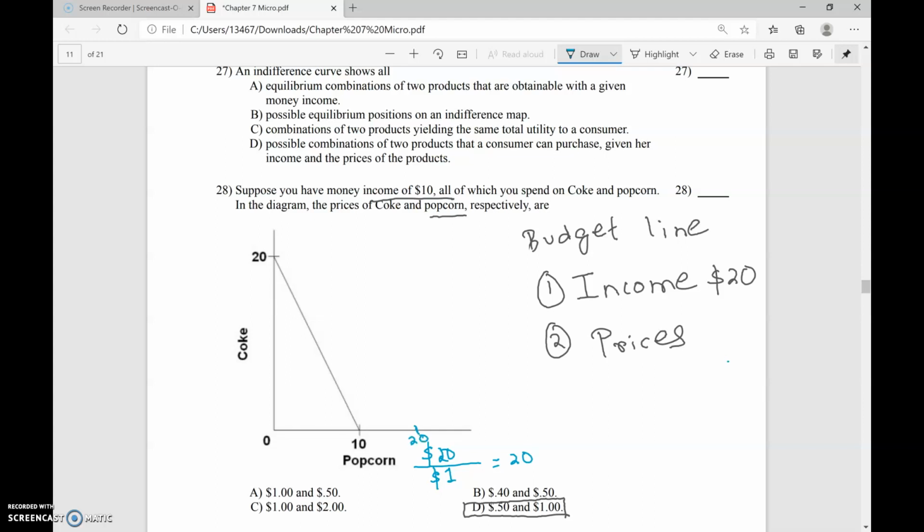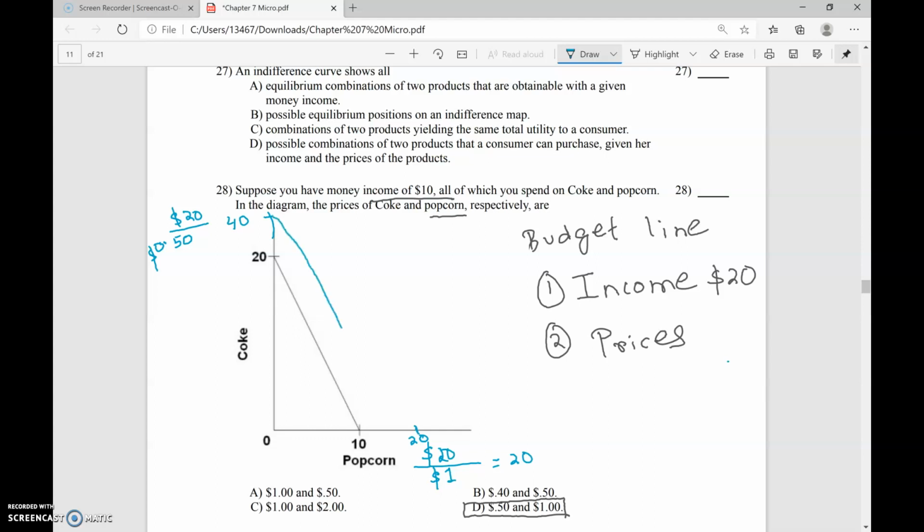And at the same time, this is also gonna double. The income went up to $20 here, and the price of Coca-Cola is 50. I'm just gonna write here 50 cents as 0.50. So this one becomes 40.